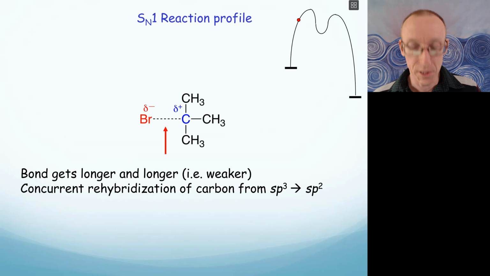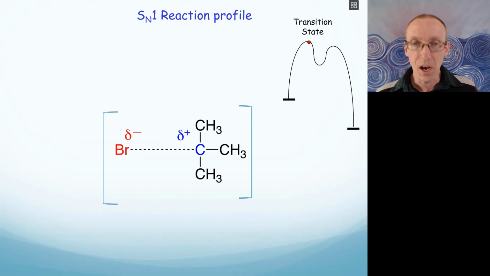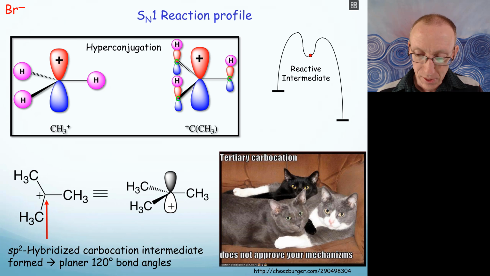It gets longer and longer until it's almost broken, and we're going up through this transition state here, where the highest energy species is where the bromine is very weakly associated, but we haven't gone down to the separated carbocation. So then we go down to this reactive intermediate, the separate carbocation, where we have a positive charge on a central carbon surrounded by other substituents.